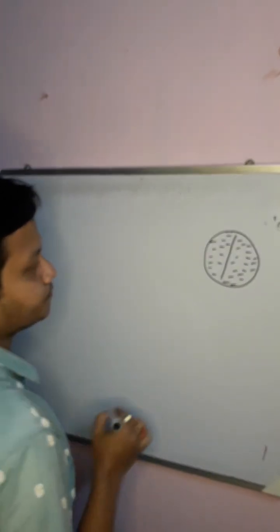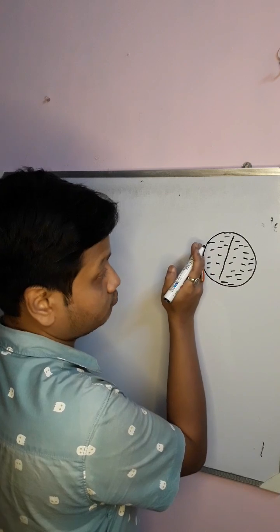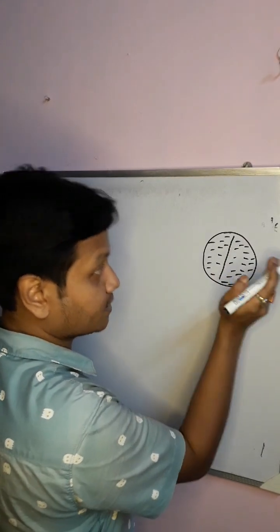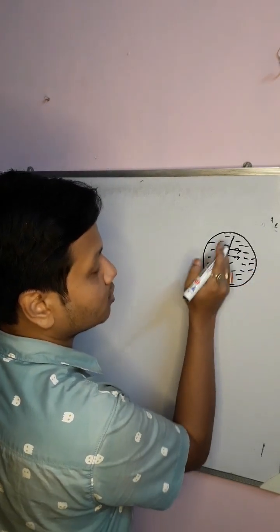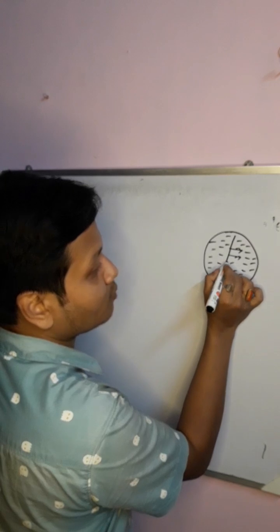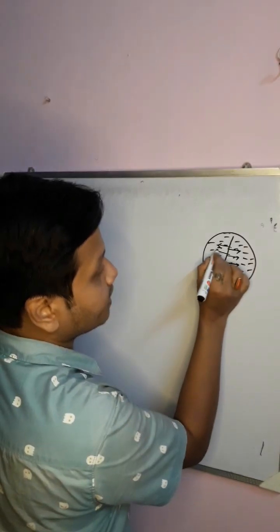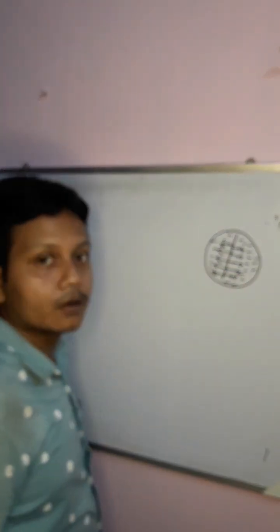Now these molecules attract these molecules and these molecules will attract these molecules. So the molecules on the left hand side will attract the molecules on the right hand side, and similarly the molecules on the right hand side will attract the molecules on the left hand side. Okay, no problem.